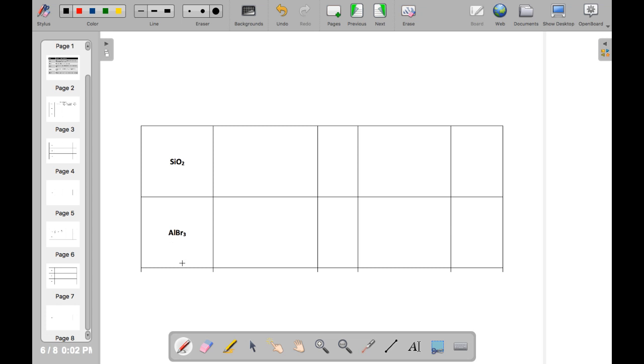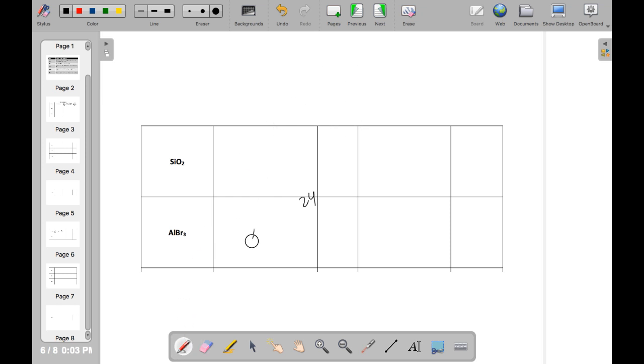Now, I'm sorry, aluminum tribromide. So anyway, let's draw the Lewis structure. Aluminum has 3 valence electrons. These bromines have 7 times 3. So we got 21 plus 3, which would be 24.